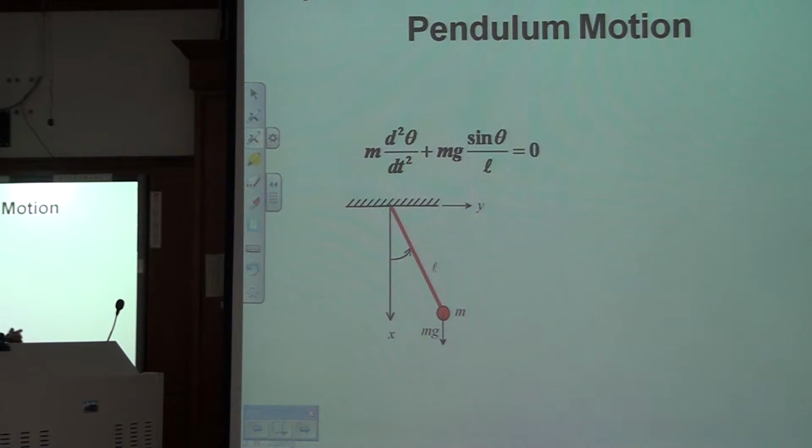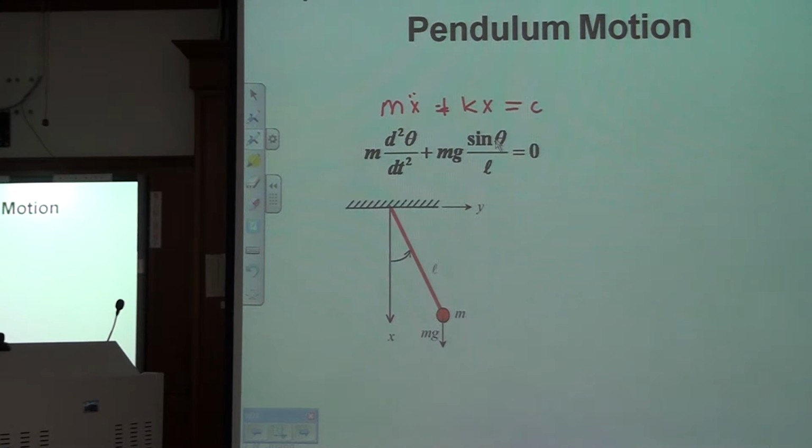The spring is m x double dot plus kx equal to 0, right? For the spring. Now what is the difference between these two? This is nonlinear, because this equation is nonlinear, since the sine theta is nonlinear.